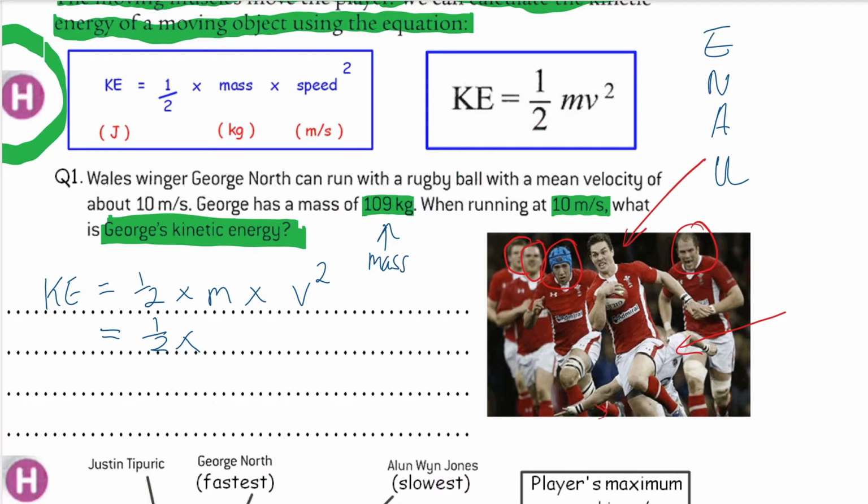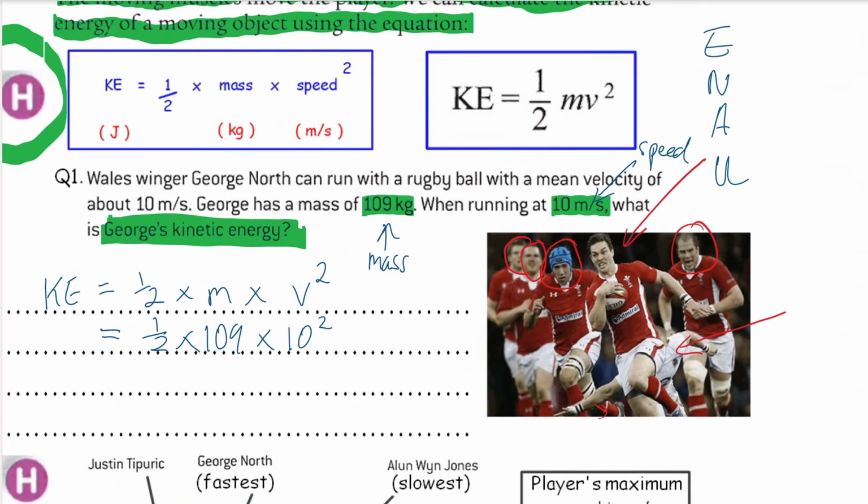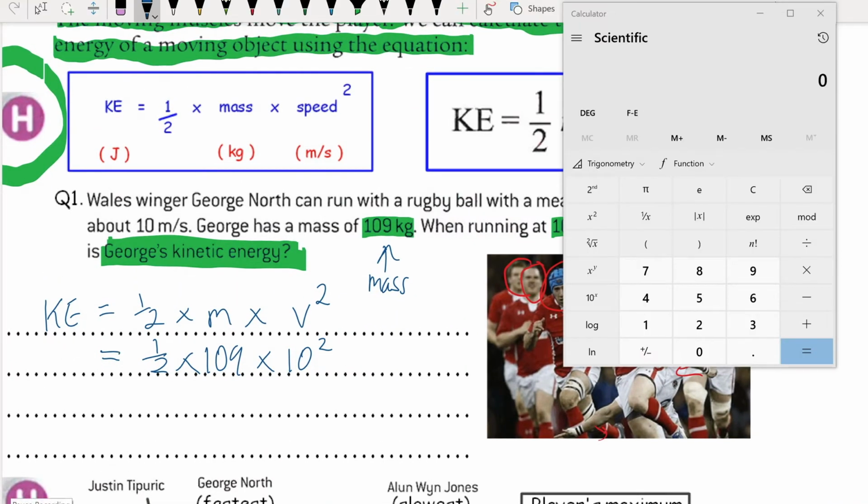Mass and velocity or speed. 109, 10. Let's put those numbers into a calculator.